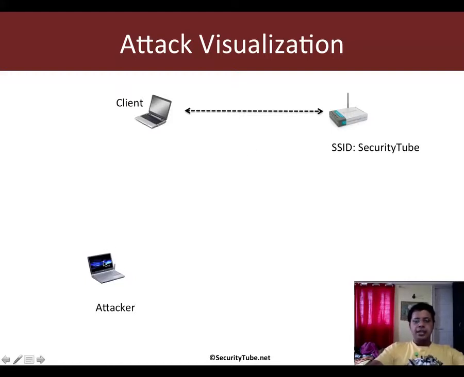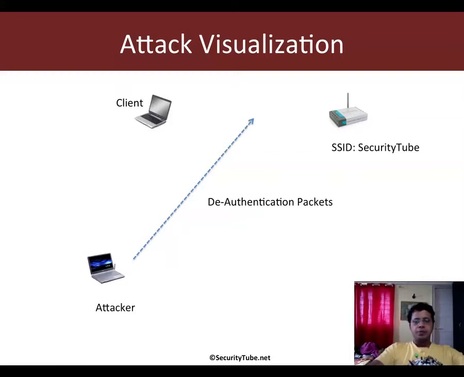So what the attacker will do is he will advertise the same SSID SecurityTube, right? But the client is currently connected to the authorized access point. So the first thing he will do is send a deauthentication packet to break the connection between the client and the legitimate access point.